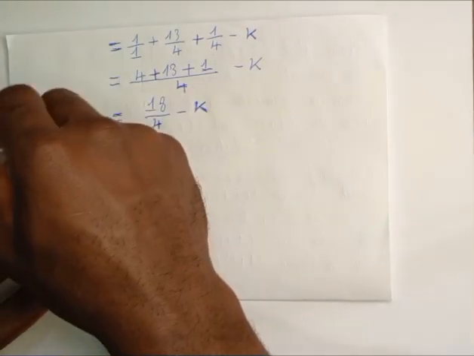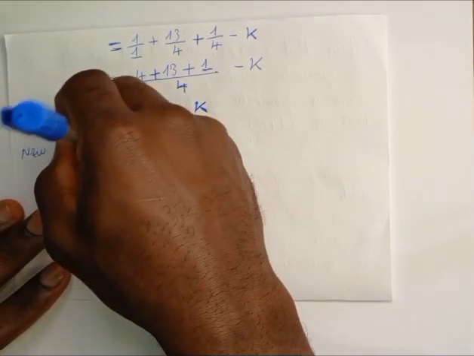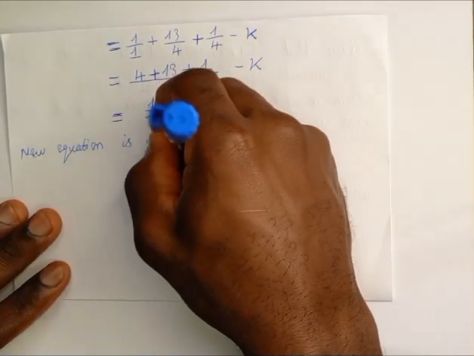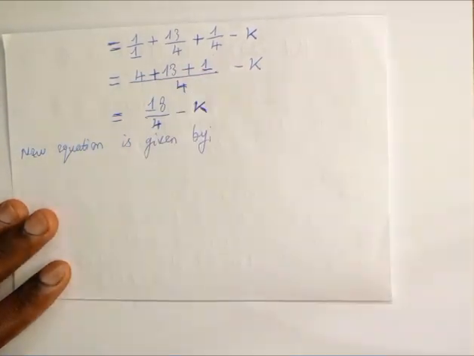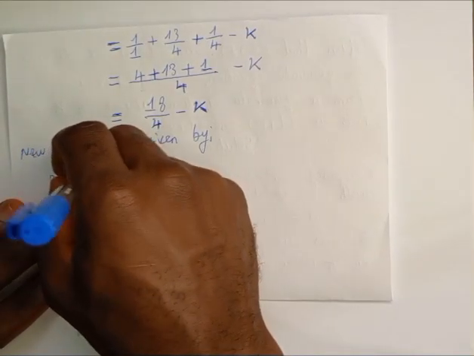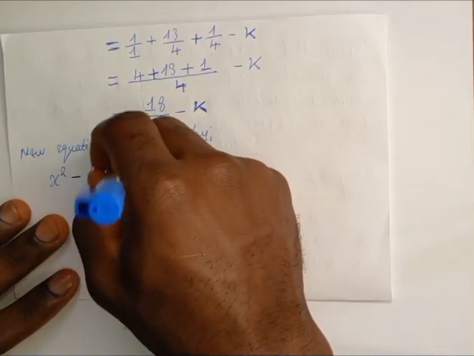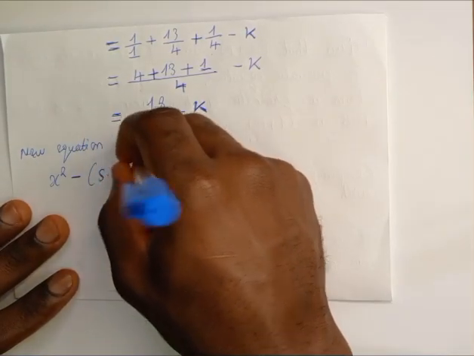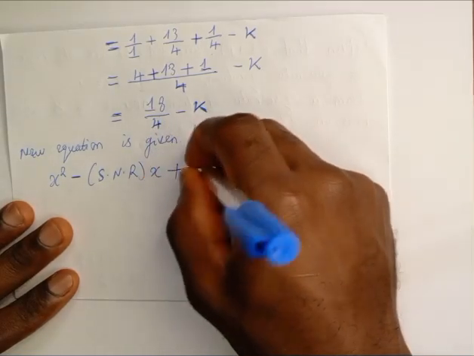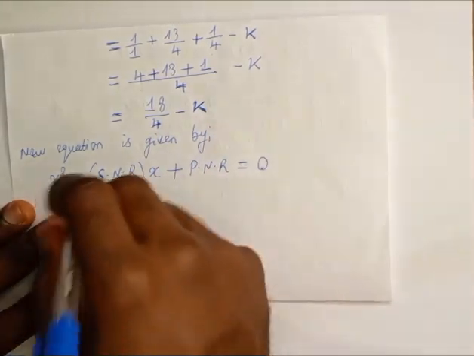The new equation is given by, we are going to take x squared minus the sum of new roots times x plus the product of new roots. This will be equal to 0.